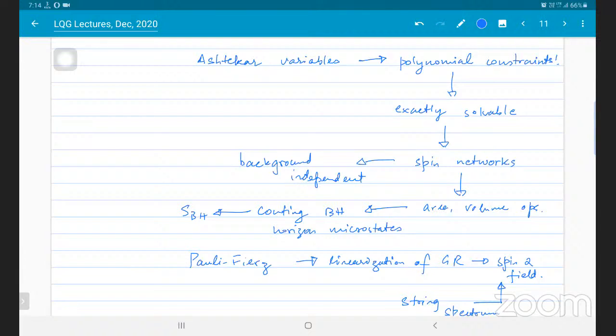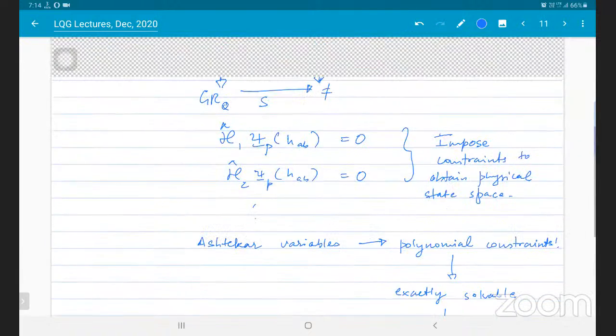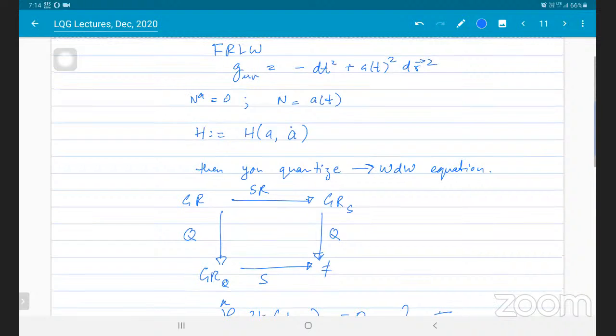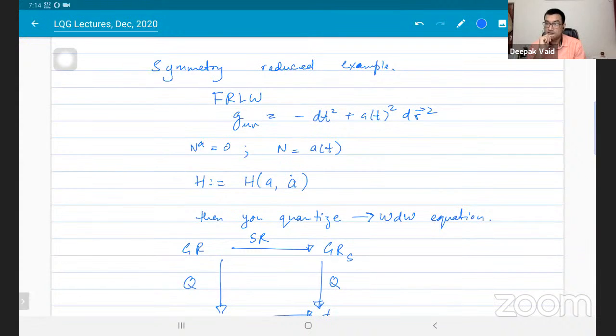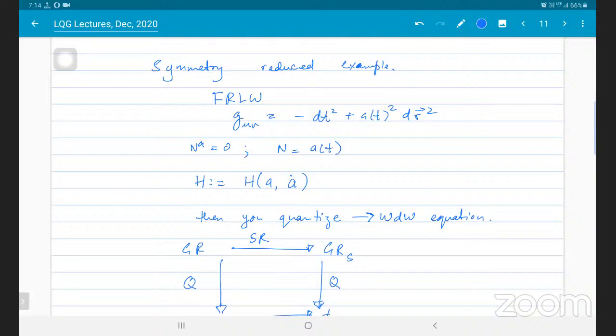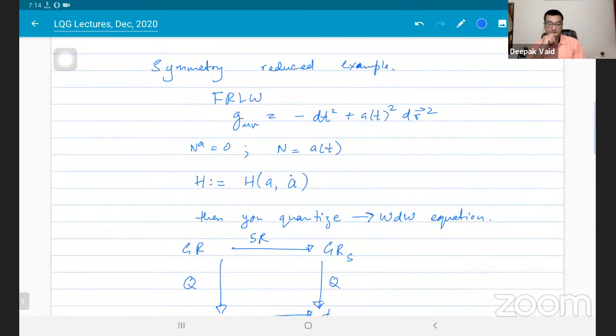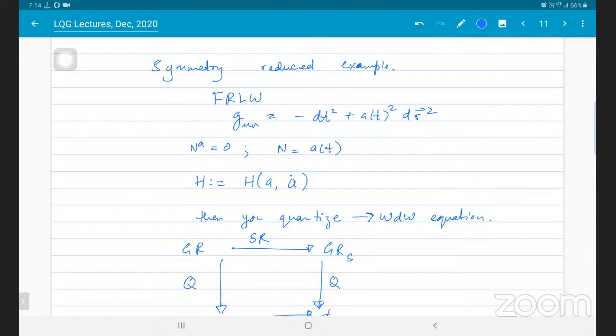Can you move your screen a bit above? Yes, sir. This WDW equation, the Wheeler-DeWitt equation. You said that in some simpler cases we can use the Wheeler-DeWitt equation.